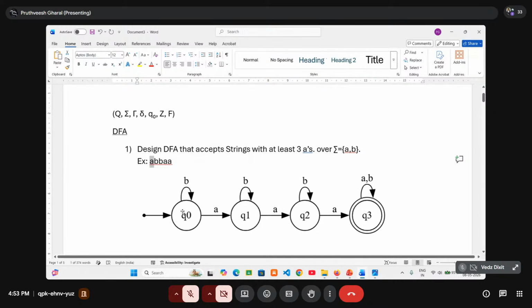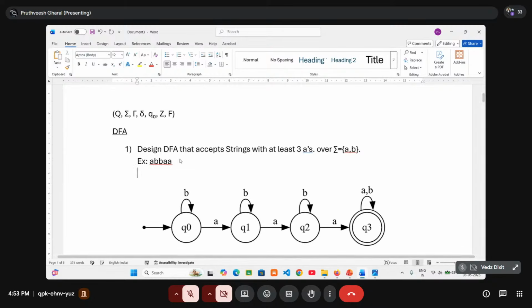Okay, so before it starts reading the inputs, we give the DFA a state called Q0. In the Q0 state we say that the DFA has not yet seen anything.